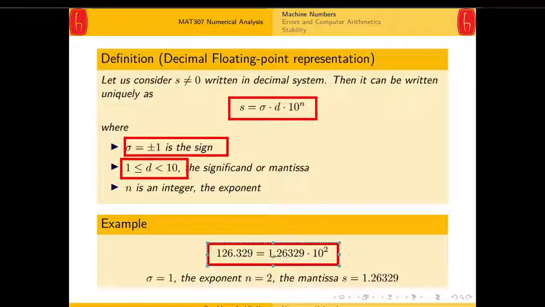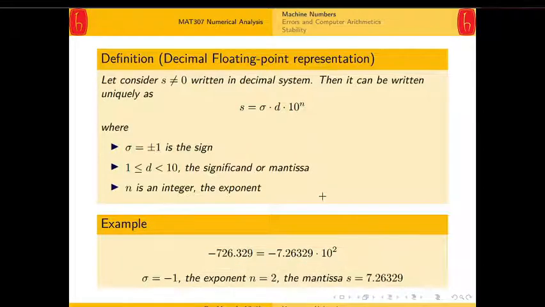For compensation of this division, we need to multiply by 100 to move the decimal point to the right two decimal places. For this unique representation, the sign of the number is positive, so sigma is positive 1, the exponent is 2, and the mantissa will be 1.26329.